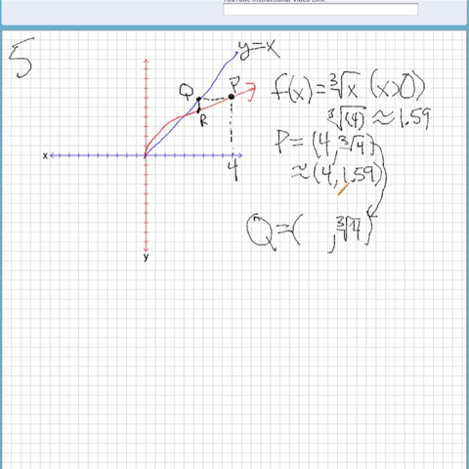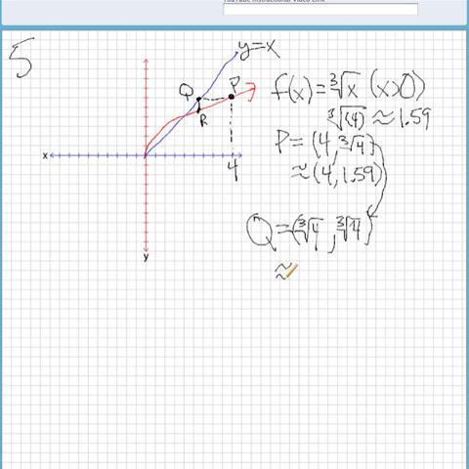And then since Q is on this straight line, and the function is y equals x, that means since y is the cube root of 4, it's equal to x. So x is also the cube root of 4. That's what our Q coordinates are.